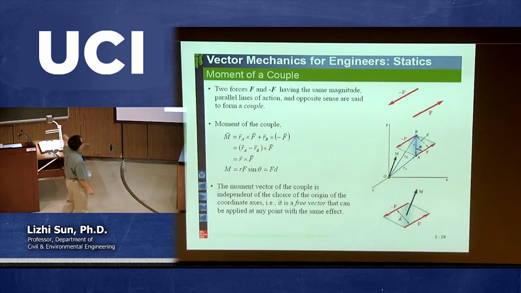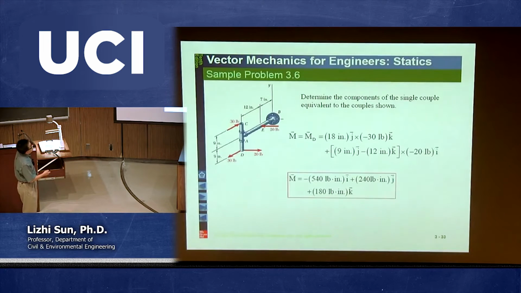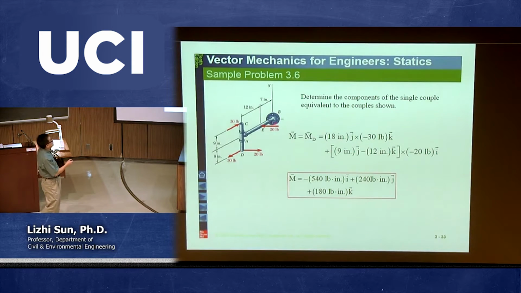And the result is still the same. So I'm going to switch to the overhead projector just to show you. For this problem, I can basically calculate the moment due to this and this forming a couple, and also the moment due to this couple, and add them together. It should finally end up with the same result. So let me show you.